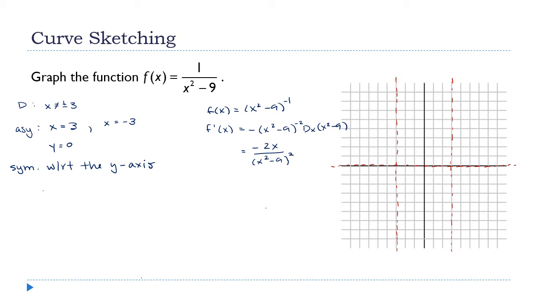Okay, so now I need to take the numerator, the denominator, set them equal to 0, figure out what's happening there. So if I set the numerator equal to 0, negative 2x equals 0, I get x equals 0. And if I set the denominator equal to 0, I get x equals plus or minus 3.